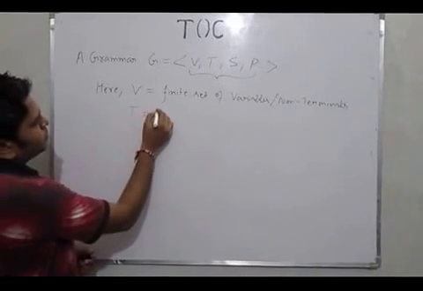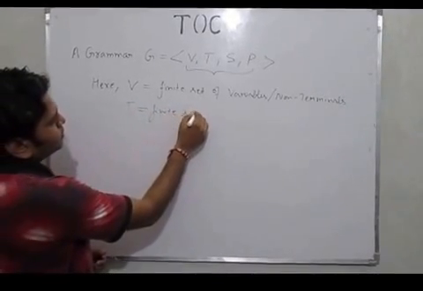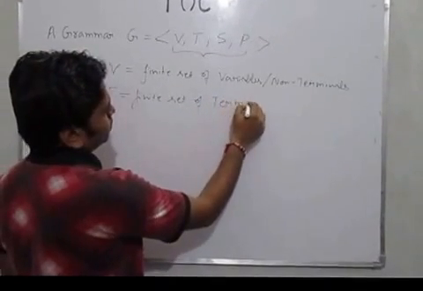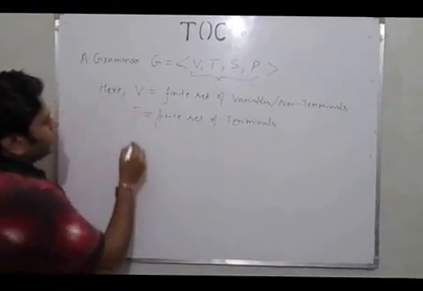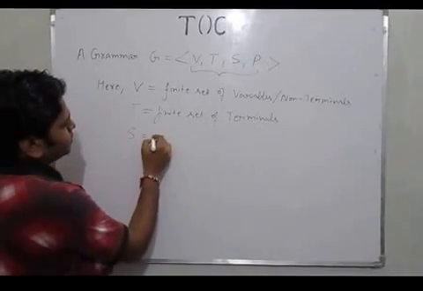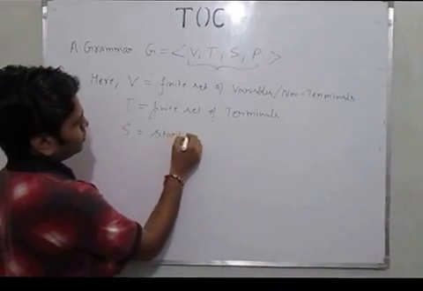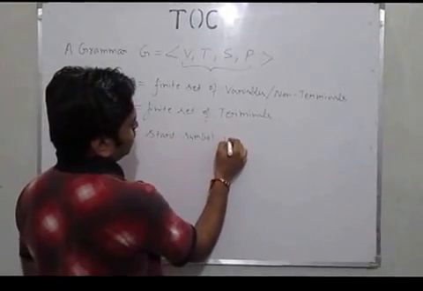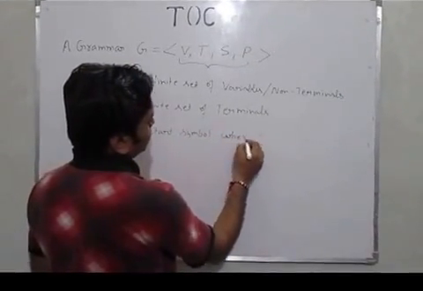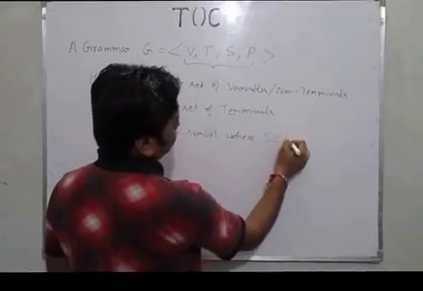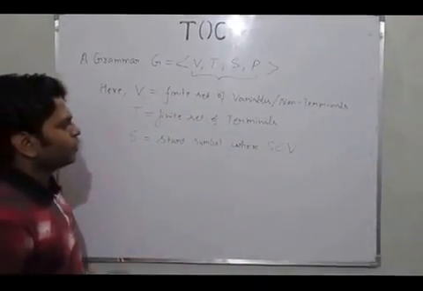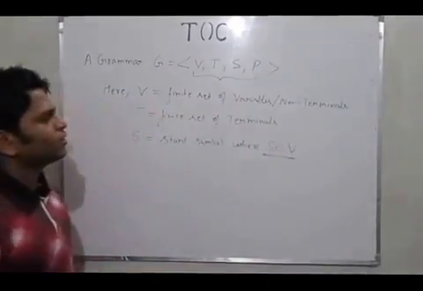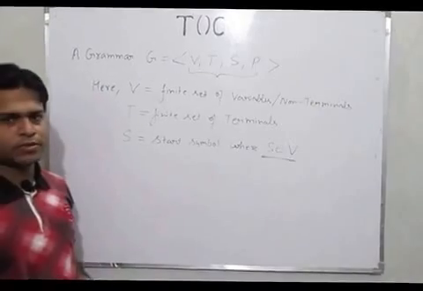T basically represents a finite set of terminals. S simply represents the start symbol, and this start symbol basically belongs to the variables. So we always start a grammar with this start symbol, which is nothing but a non-terminal symbol.